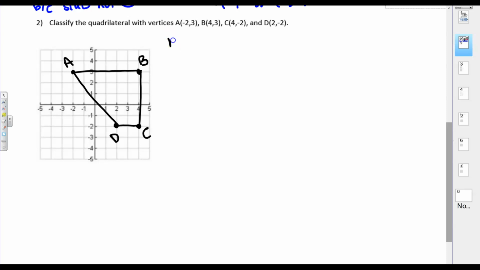So my slope of AB is, if you look, there is no rise. It's a rise of 0 over a run of 1, 2, 3, 4, 5, 6, so 0 over 6 is 0. My slope of BC is, there's a rise of 1, 2, 3, 4, 5, -5 over a run of 0.